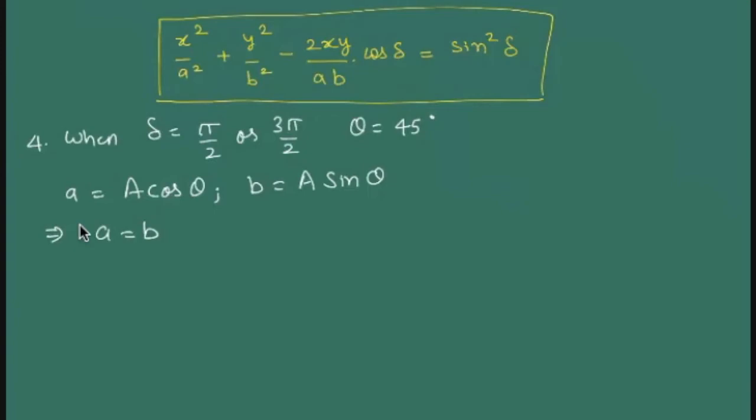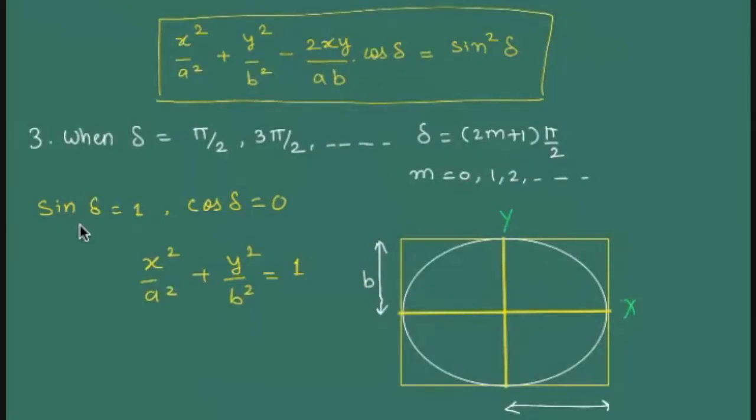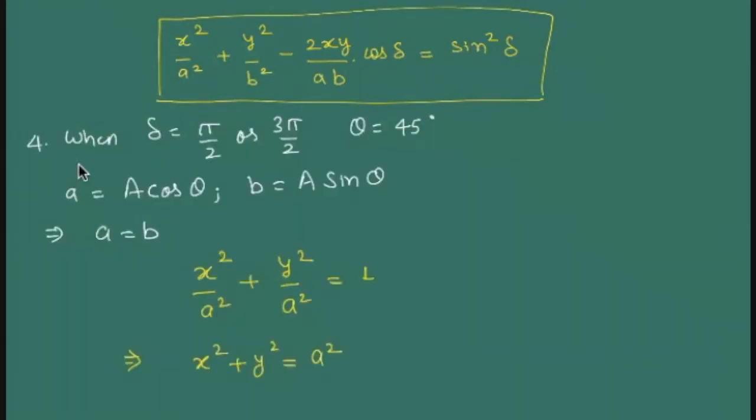Substituting, you get x square by a square plus y square by a square equals 1, which becomes x square plus y square equals a square, the equation of a circle. So if my b becomes equal to a, this will be a circle.